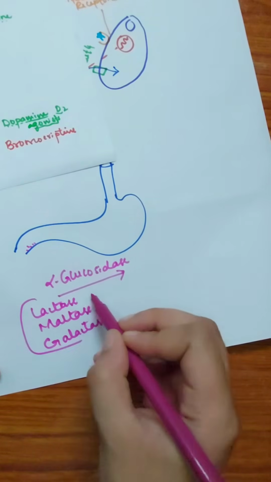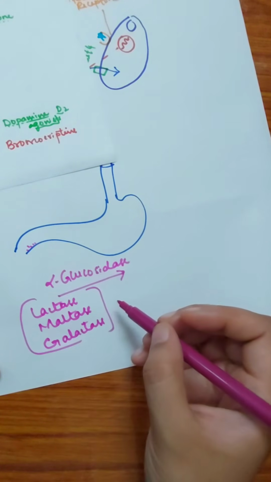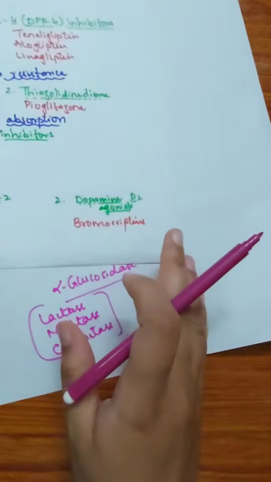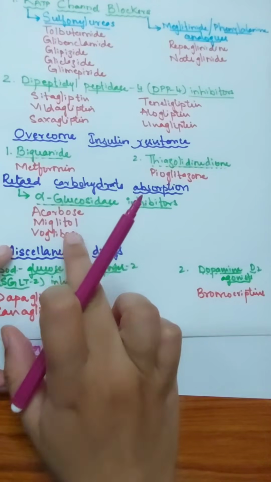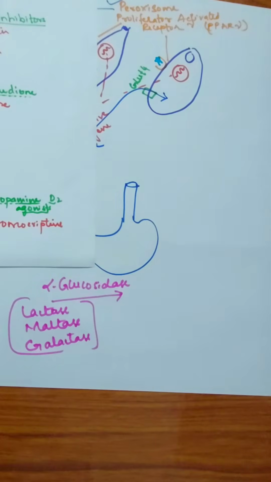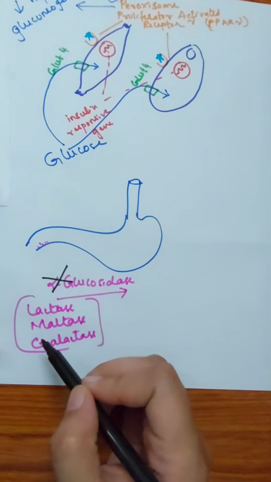These are all kinds of alpha glucosidases, which are involved in the last step of the digestion of glucose. So these drugs, acarbose, miglitol, voglibose, are all inhibiting alpha glucosidase. Okay, so basically what we have to do is inhibit this enzyme, alpha glucosidase.